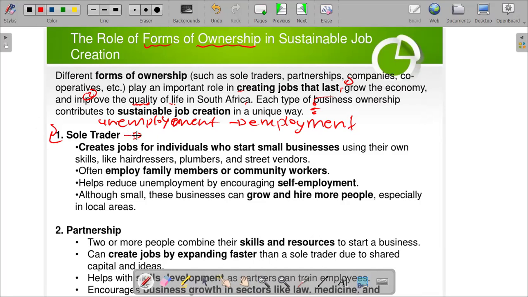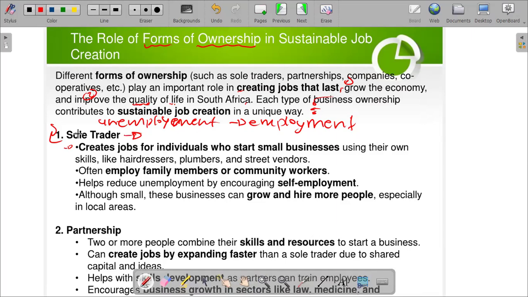How does a sole trader contribute to the sustainable job creation of a country? Number one, as a sole trader, you can create jobs for individuals who start small businesses using their own skills, like hairdressers, plumbers, and so on.